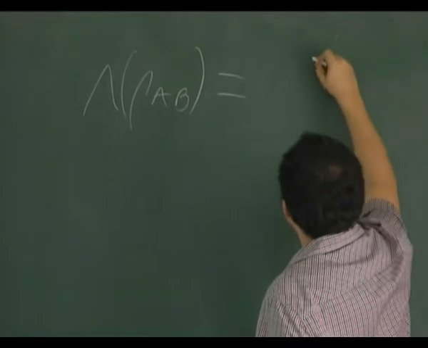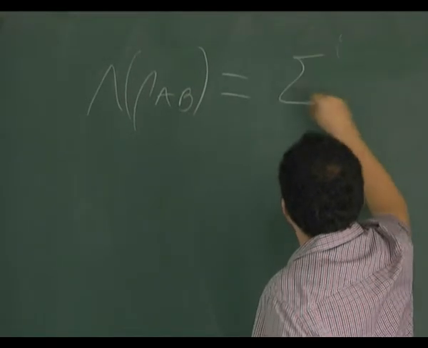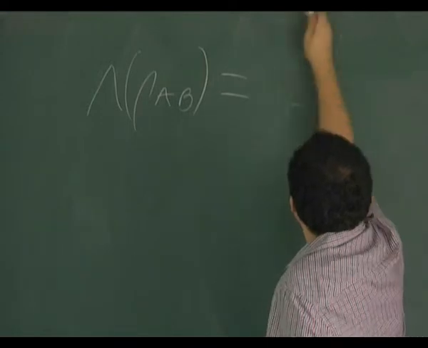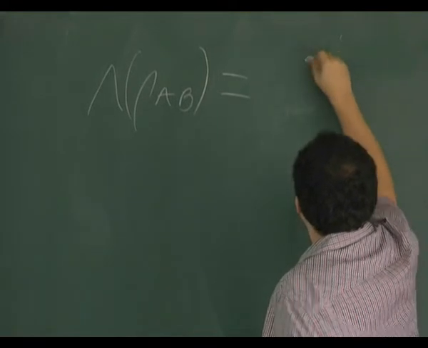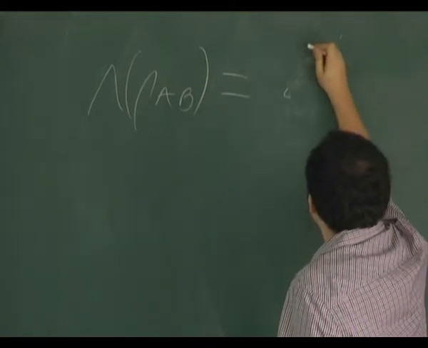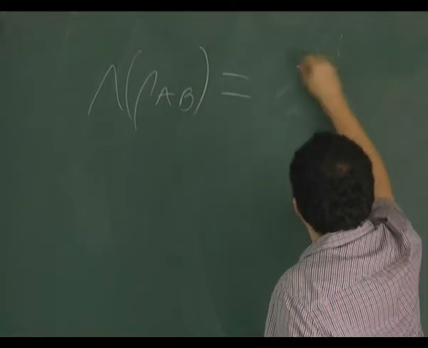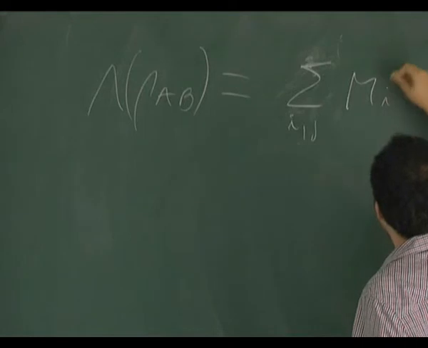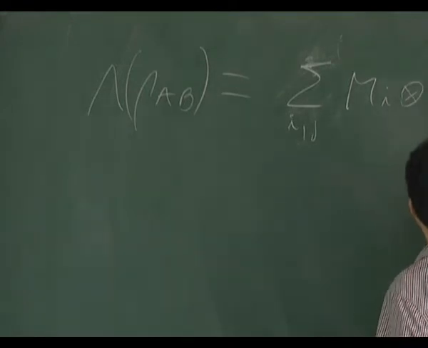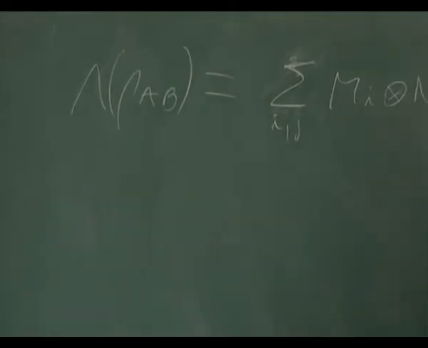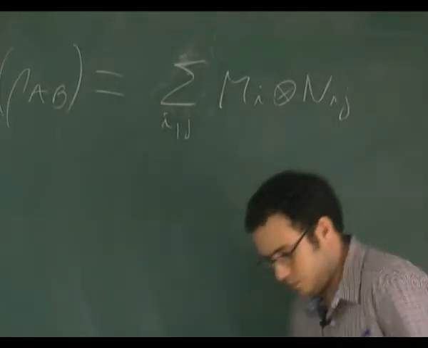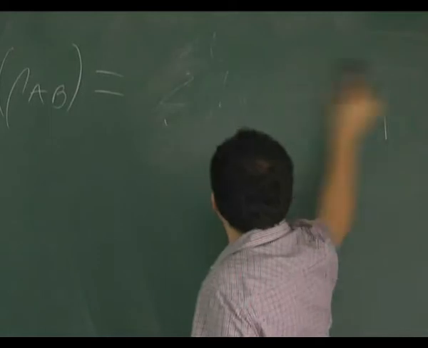And then we can always write this as some sum over AJ, MI, and IJ. Sorry, it's better like that.